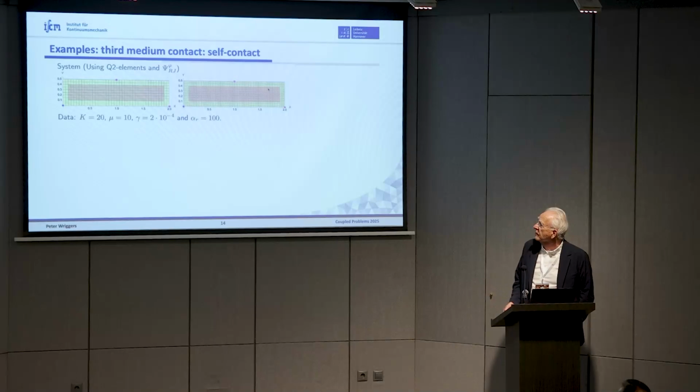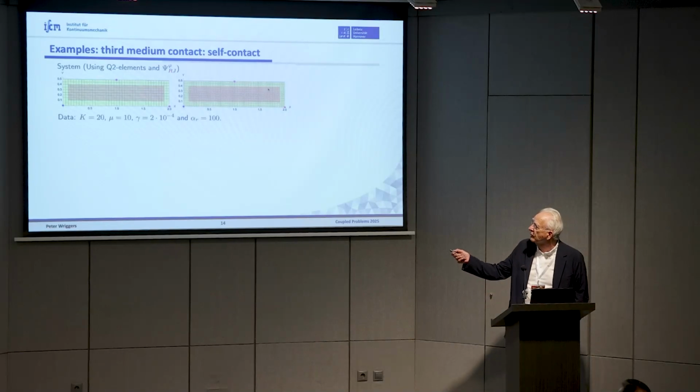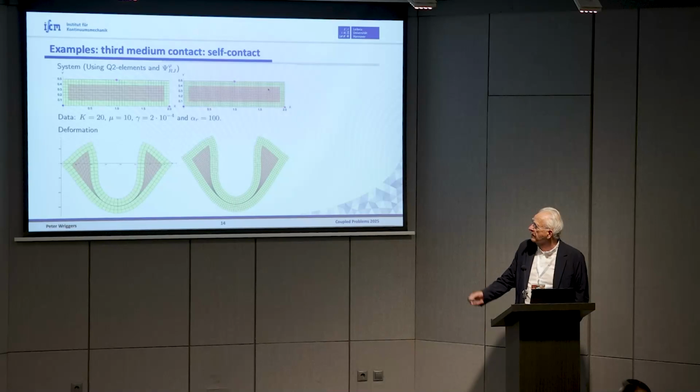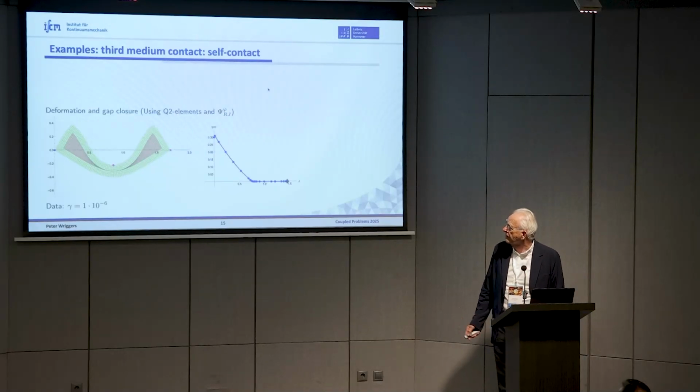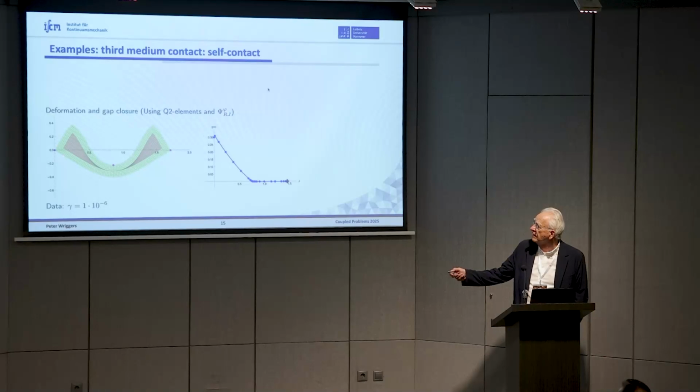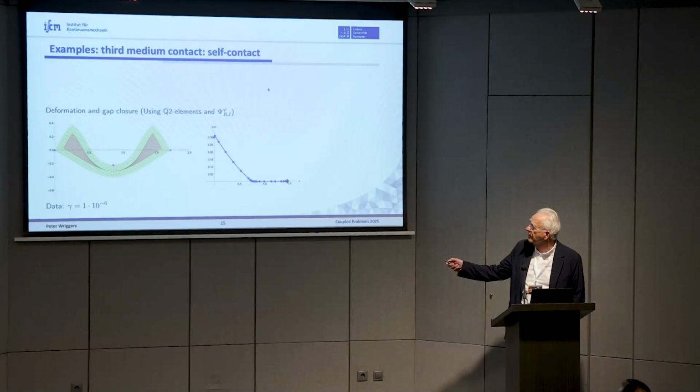And this is the first example, the Q2 elements using the function which we have done. Here is the deformation, a large deformation problem. Okay, I showed this already. Next, depending on your parameter gamma, you can see that you get a very nice gap closure.